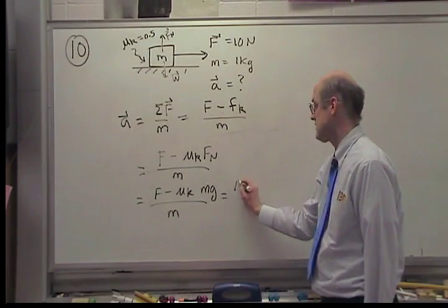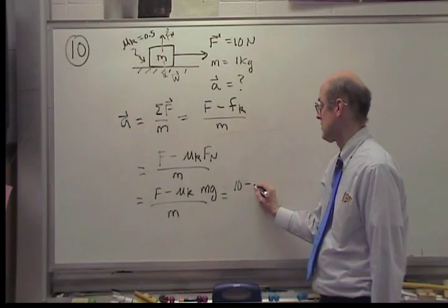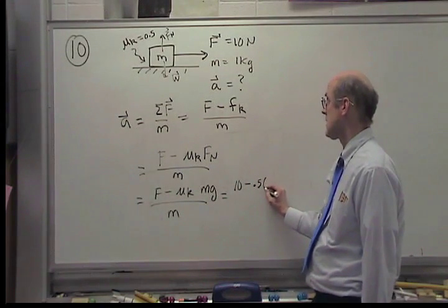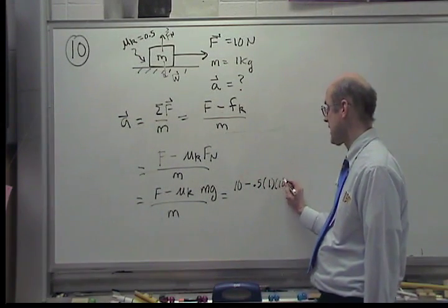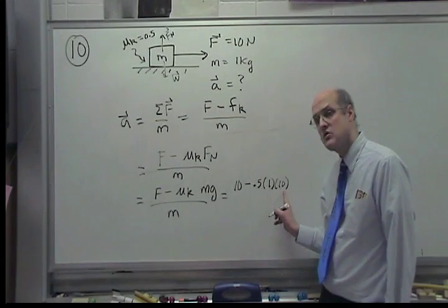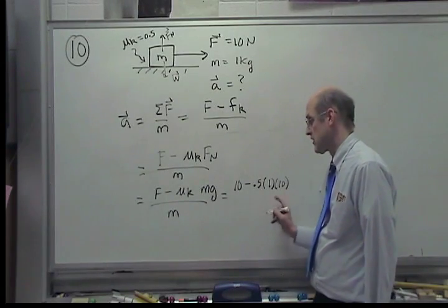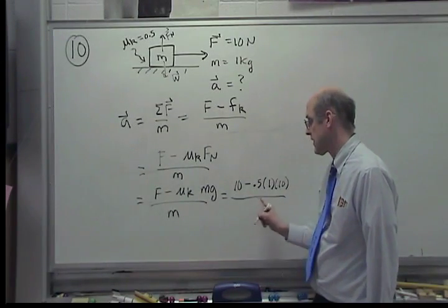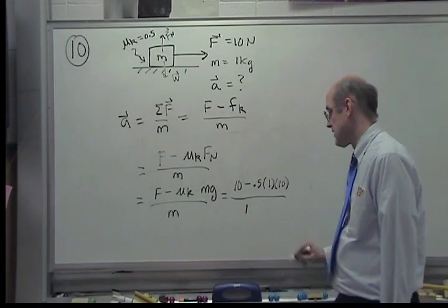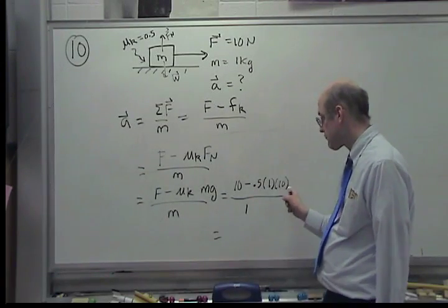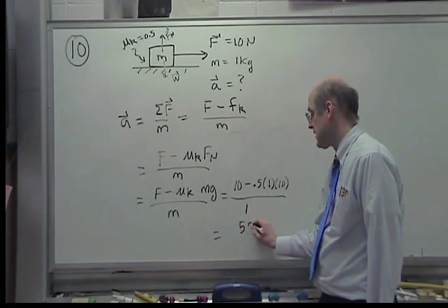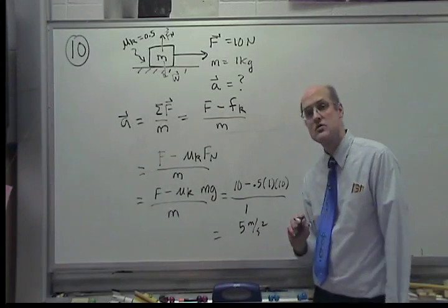Substituting, we have 10 newtons minus 0.5 times 1 kilogram times 10, which is the 10 meters per second squared, the acceleration due to gravity magnitude, divided by the mass, 1. So we have here 5 meters per second squared.